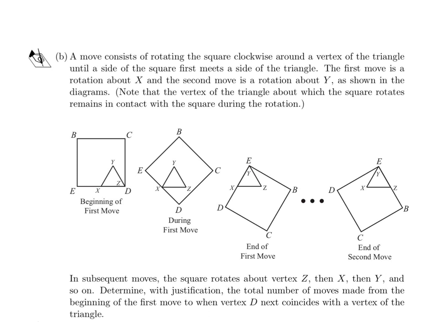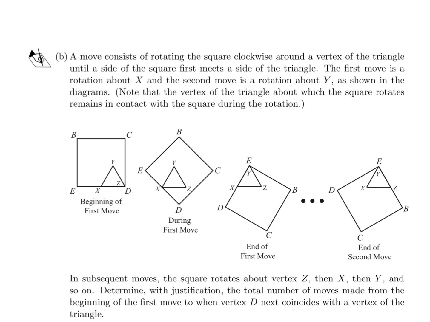A move consists of rotating the square clockwise around a vertex of the triangle until a side of the square first meets a side of the triangle. The first move is a rotation about X, and the second move is a rotation about Y, as shown in the diagrams. In subsequent moves, the square rotates about vertex Z, then X, then Y, and so on.